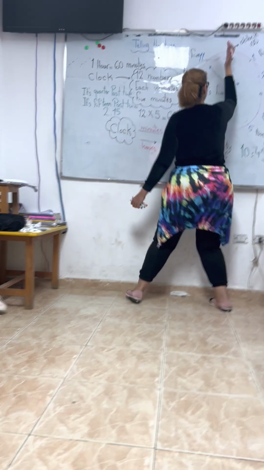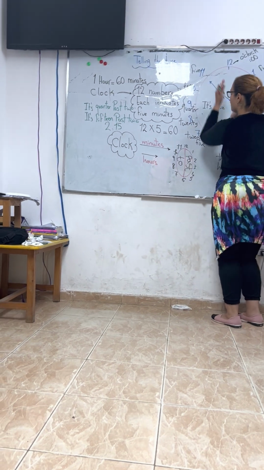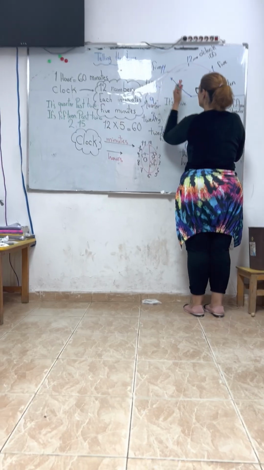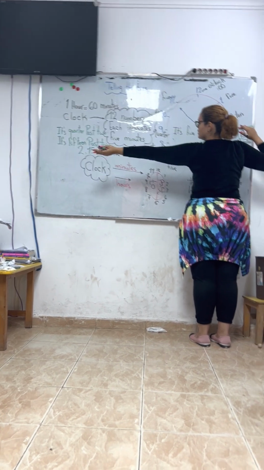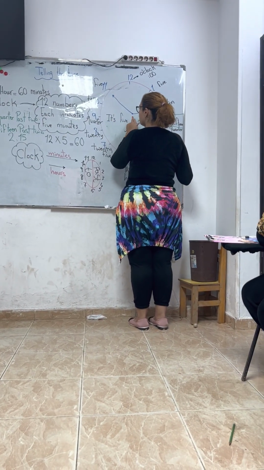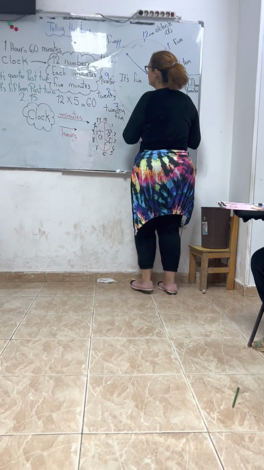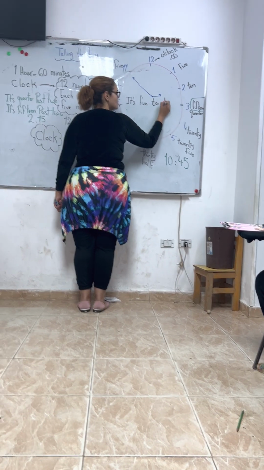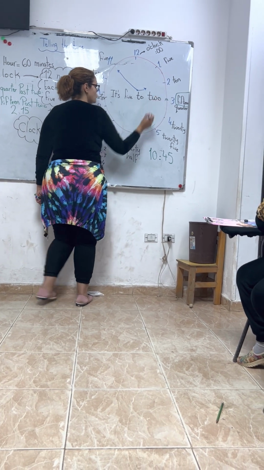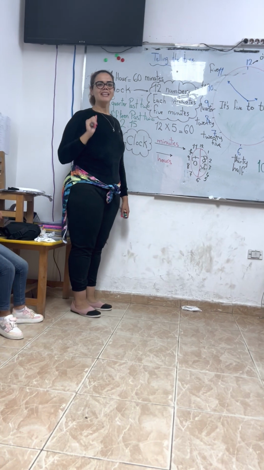Here I am in the second half. This part we say past, and that part we say to. So I'm going to say 5 past or 5 to 2. It's 5 to.